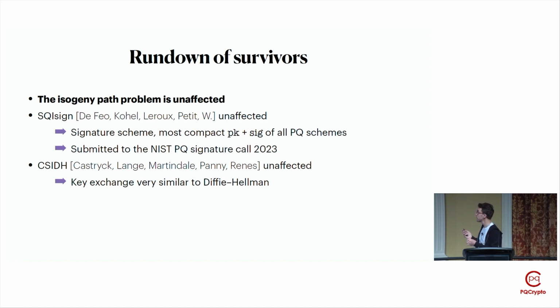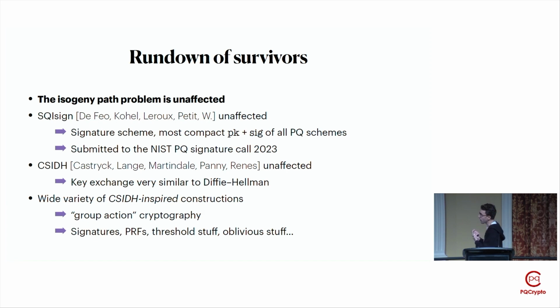CSIDH has survived. It is unaffected for the moment. The best algorithms we have to break CSIDH are still the same. This is a key exchange, extremely similar to Diffie-Hellman. You replace exponentiation in a group, in Diffie-Hellman, by a group action that comes from a class group of a quadratic field acting on some collection of elliptic curves, and this action arises from computing isogenies.